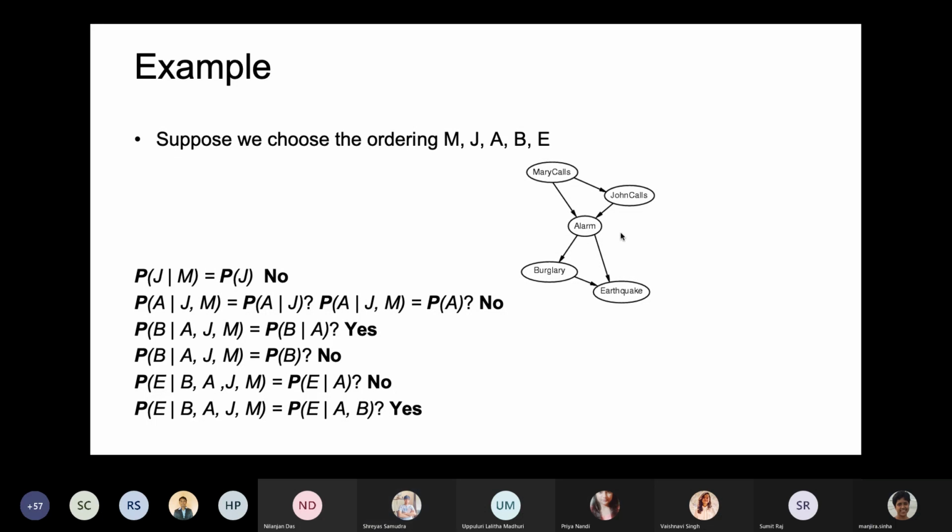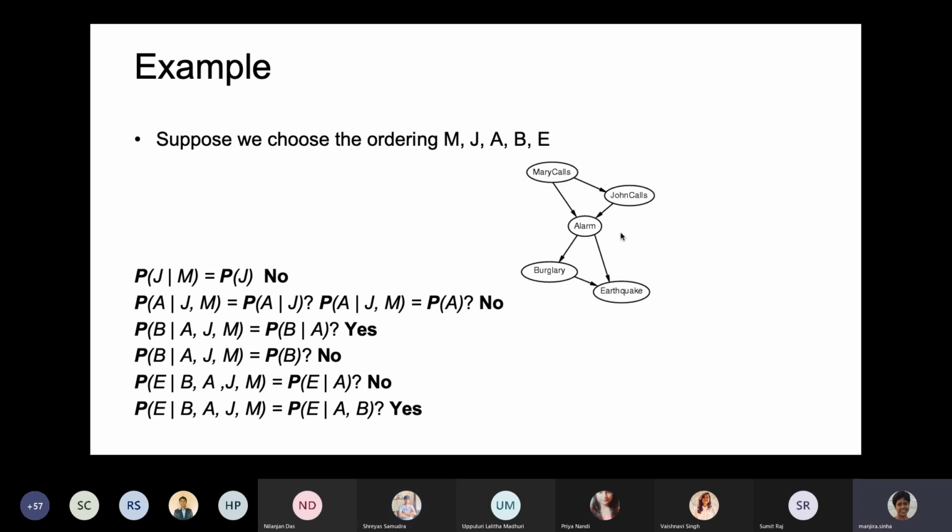Ma'am, the third statement that you said. If I expand that chain rule, the left hand side should be equal to probability of B given A. For that to happen, A intersection B should be independent of J intersection M, right?